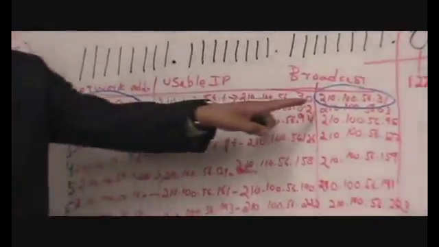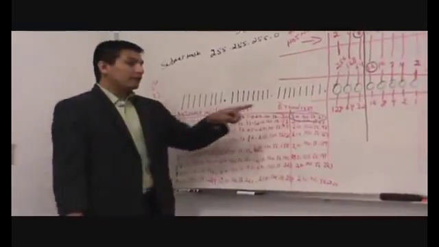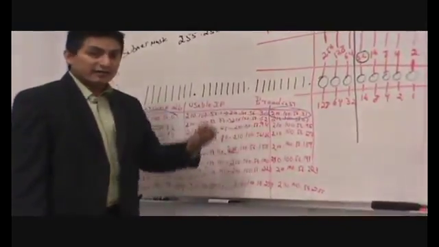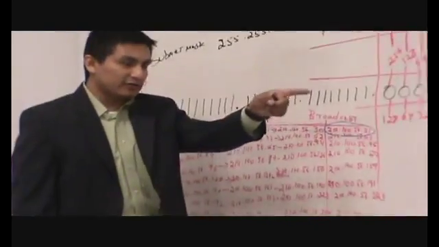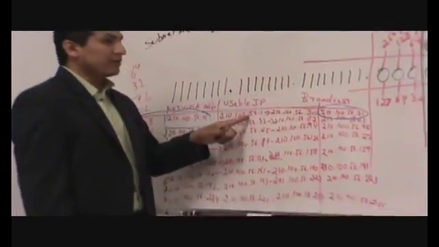Our total is 30. There are 30 IP addresses between here and here. All right, 32 minus 2, because we take away the network address and the broadcast address. These are not usable IP addresses. So the number of usable IP addresses is 30. 30 usable IP addresses, 8 networks. That's how you subnet.